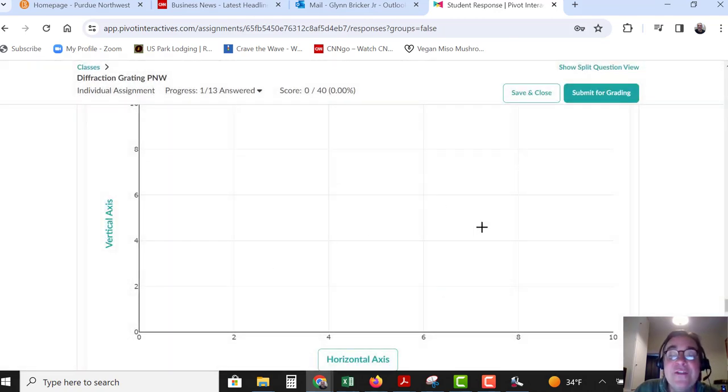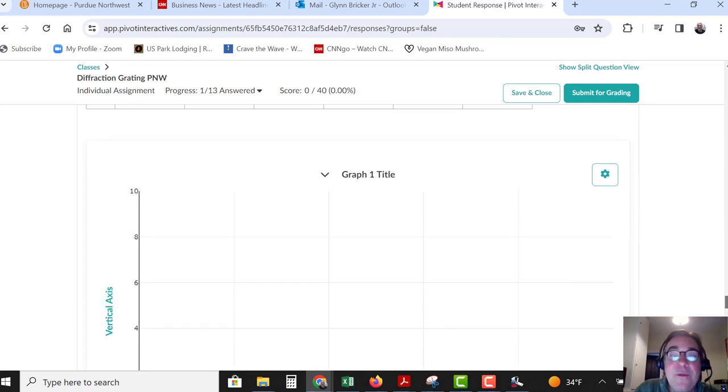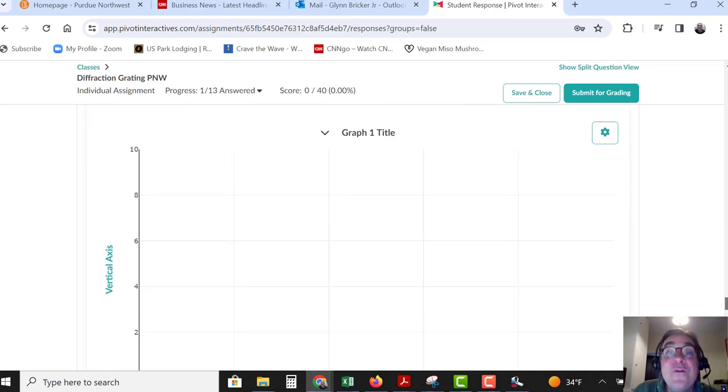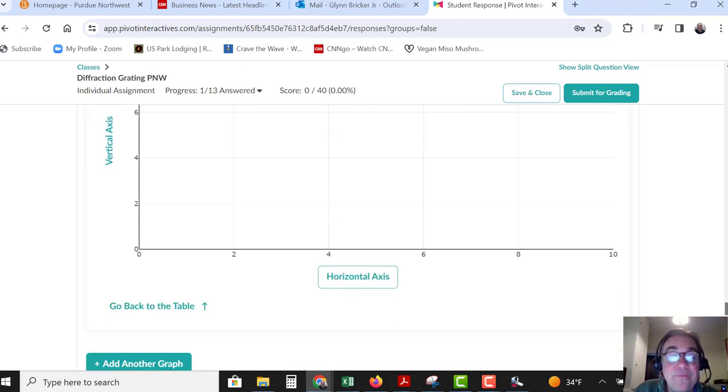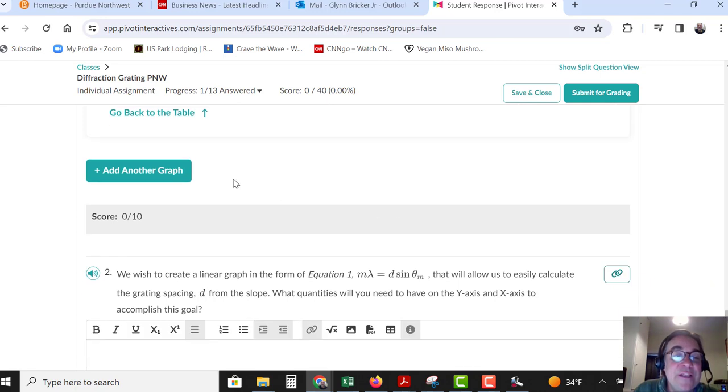Once you do that, you'll have a nice line. You could name it m times the wavelength versus sine theta, and then click this little gear button to include the equation of the line, and the slope of that is the value of d. You don't need to add another graph here.